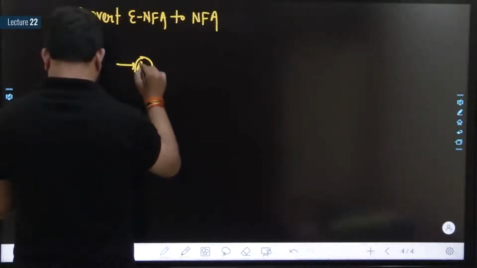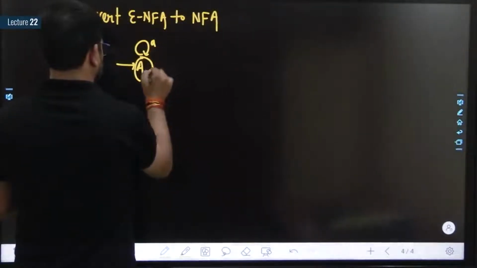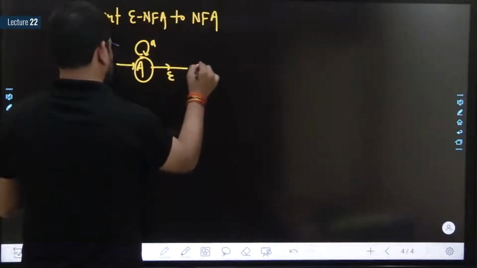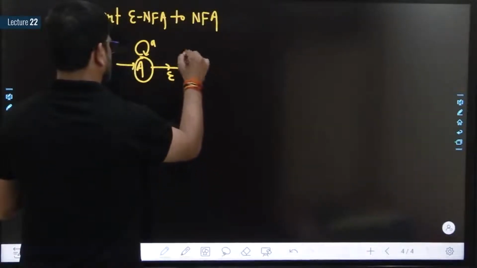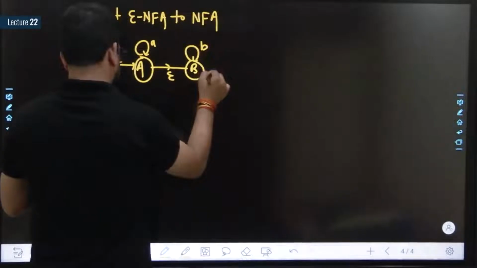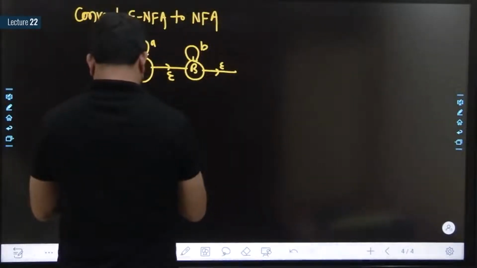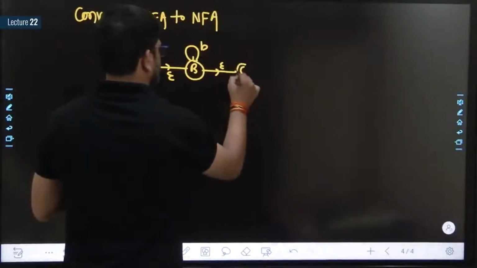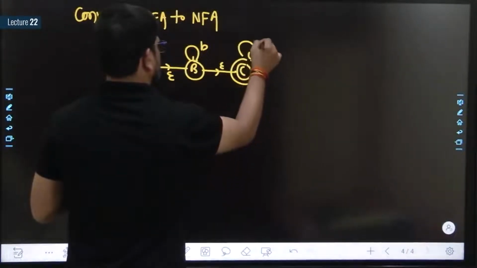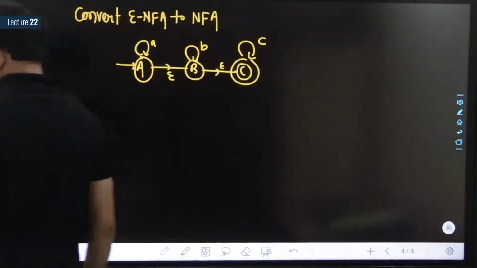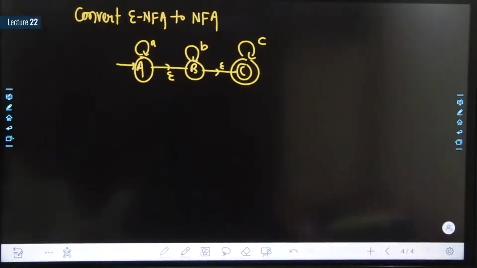A epsilon B, epsilon C. Please convert this into NFA.